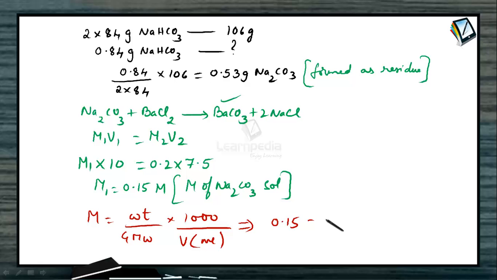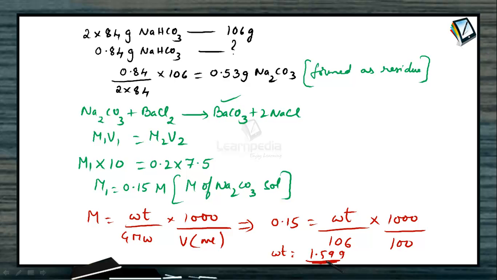Molarity is 0.15. The mass we need to calculate, gram molecular mass is 106, then 1000 divided by 100 ml, because we had made a solution of 100 ml. So on calculating, you will be getting the mass of sodium carbonate as 1.59 grams.